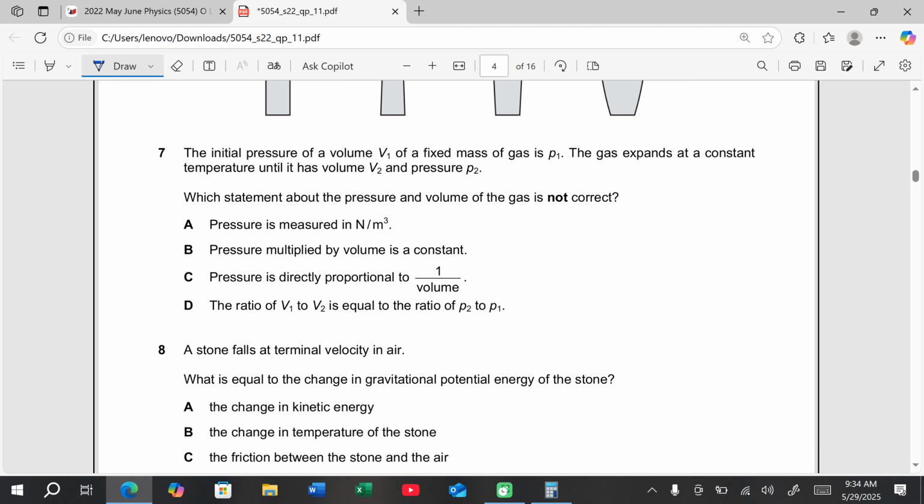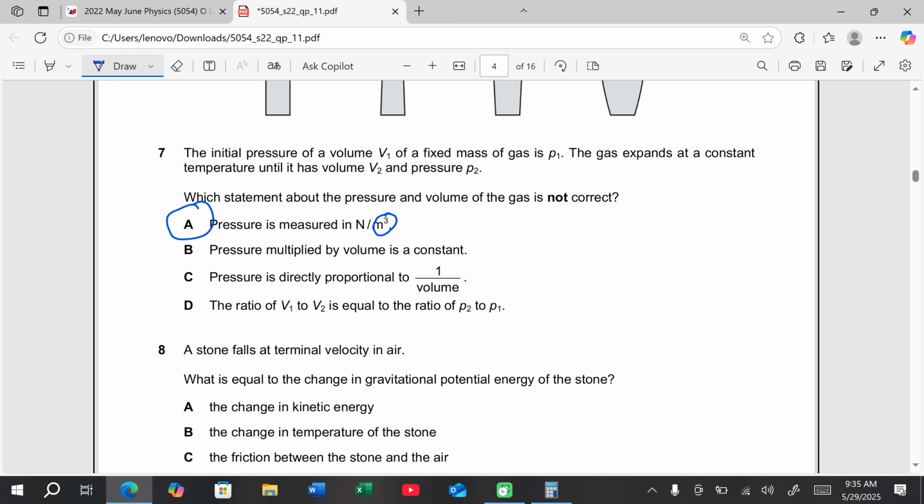The initial pressure of a fixed mass of gas at volume V1 is P1. The gas expands at a constant temperature until it has a volume V2 and a pressure P2. Which statement about the pressure and the volume of the gas is not correct? Pressure is measured in Newton per meter cube. No, it's not meter cube, it's Newton per meter square. Pardon me for this.